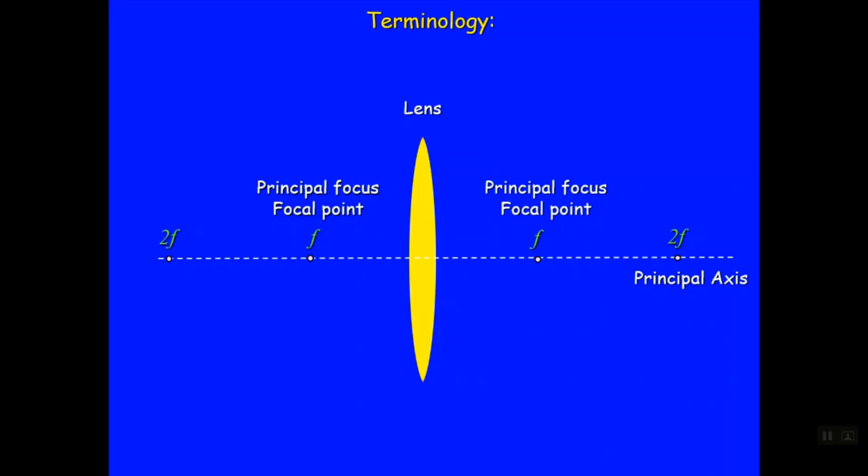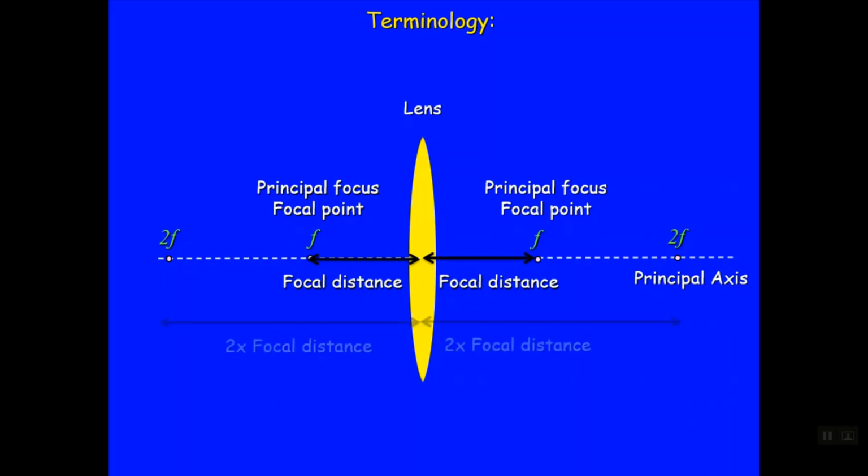Very important to understand lenses is knowing the focal distance, and that depends on the thickness of the glass and the curvature of the glass. Secondly, it will also be useful to know twice the focal distance when we start drawing the diagrams.